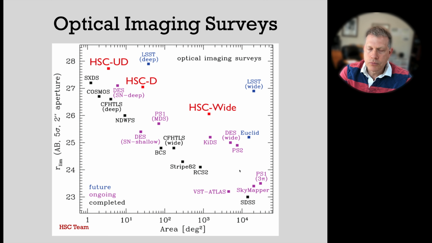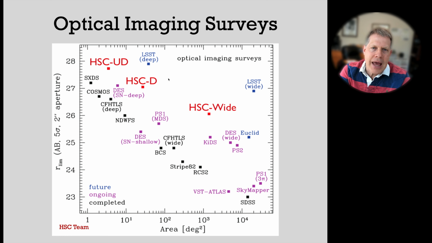And you can see that the surveys shown here are color-coded: completed in black, ongoing in purple, and future in blue. And generally, of course, our advancement in optical imaging surveys progresses in this direction toward the upper right, as better and better technology allows better surveys over larger areas. That's always the direction we're aiming to push to explore the universe better.